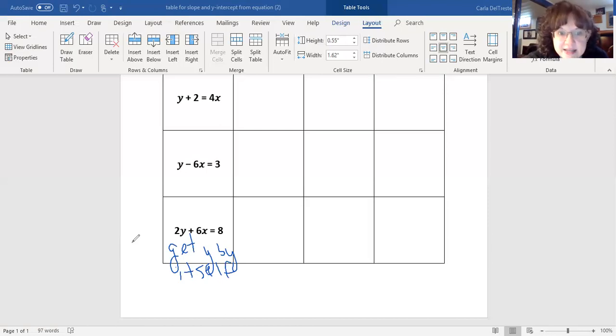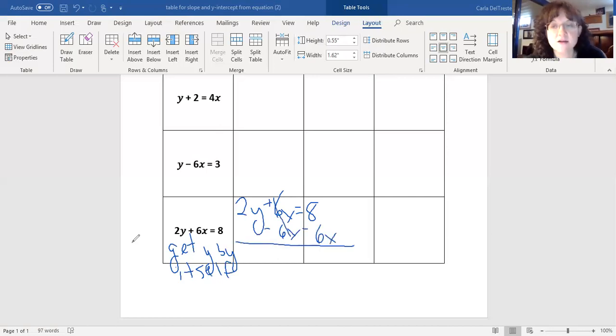So I need to take 2y plus 6x equals 8 and start moving things away from y. So first, I'm going to take away 6x. I'm not going to write it as 8 minus 6x because I want to keep that variable term first. So I'm going to write this as 2y equals negative 6x plus 8.